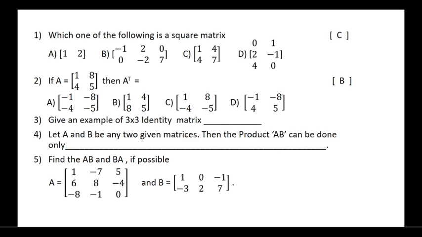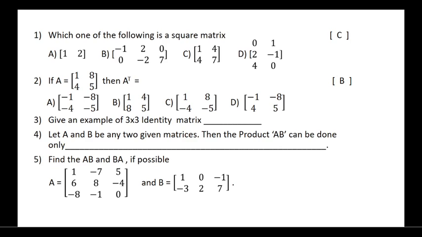Now you observe the solution, that means finding the AB matrix and the BA matrix if possible. Here we can observe A is a matrix of order 3 by 3. That means it contains 3 rows and 3 columns. The given second matrix is B. It contains 2 rows and 3 columns. So first we have to find AB.